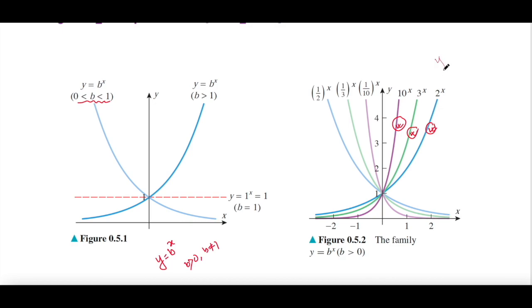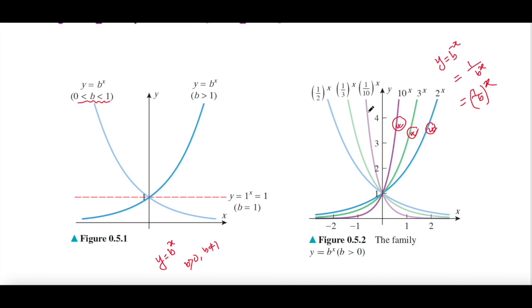However, when y equals b to the power minus x, when the power is negative, we can write 1 by b to the power x, or we can write 1 by b whole to the power x. So you see, these are the graphs of 1 by 10 whole to the power x. These are the decreasing exponential functions. When the base is between 0 and 1, those graphs will be decreasing graphs.